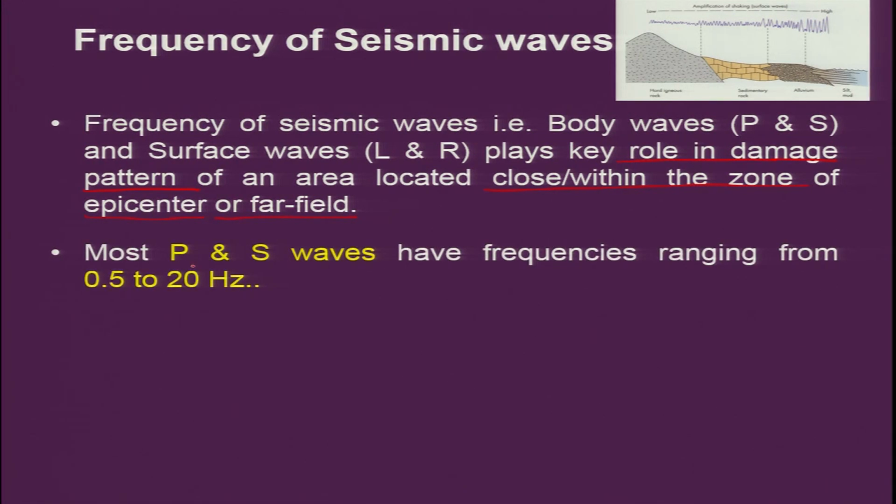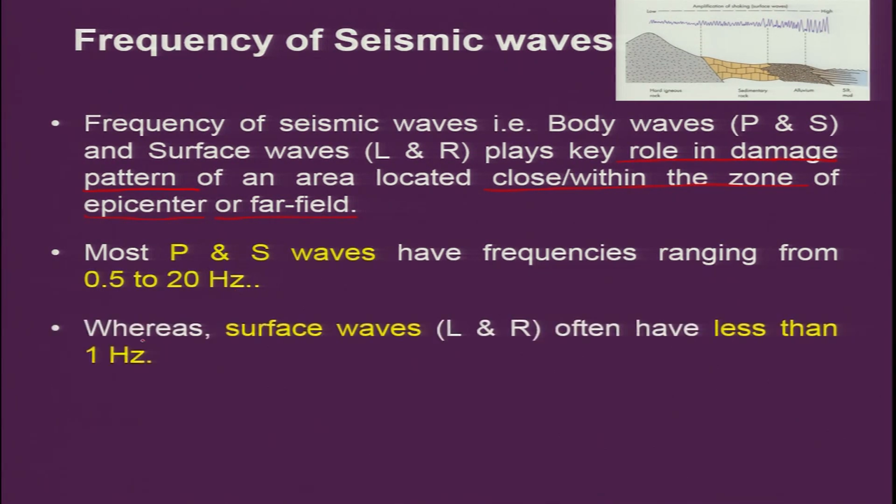Most P and S waves, that is your body waves, have frequencies ranging from 0.5 to 20 hertz, whereas the surface waves have frequencies less than 1 hertz. During any particular earthquake, both body waves and surface waves will be generated.